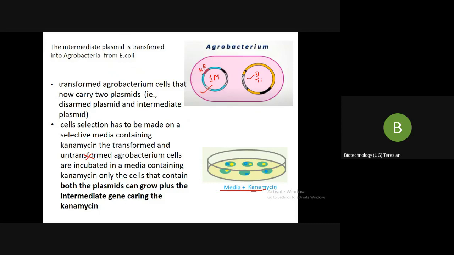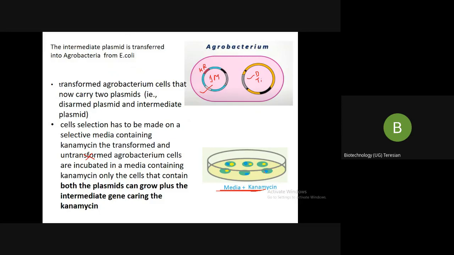Similarly, what happens here is you already have a kanamycin resistance, so it will grow in this media. So now you see that the yellow color is not there. Only the blue plasmids are present.